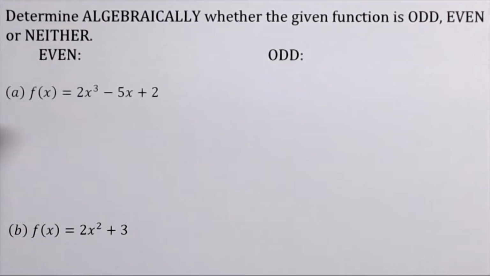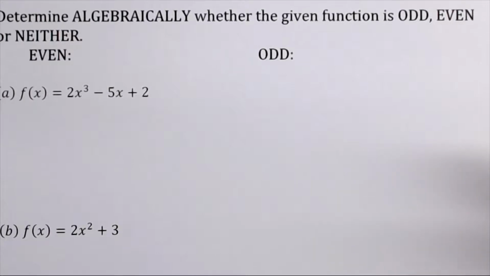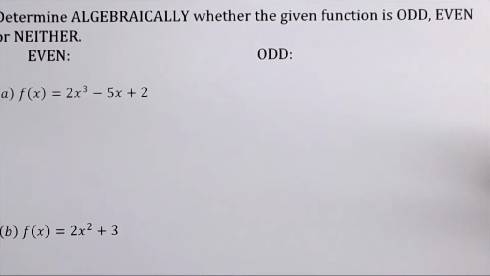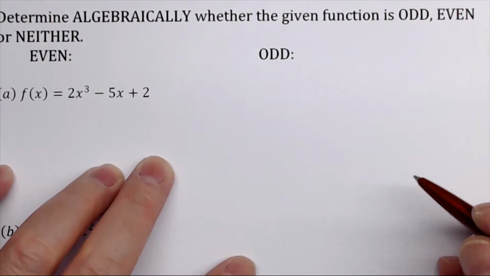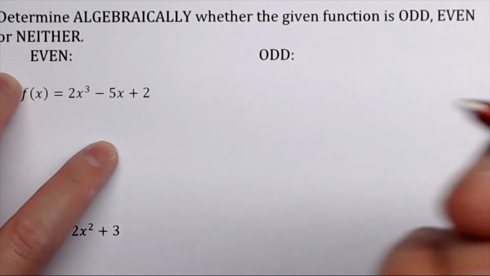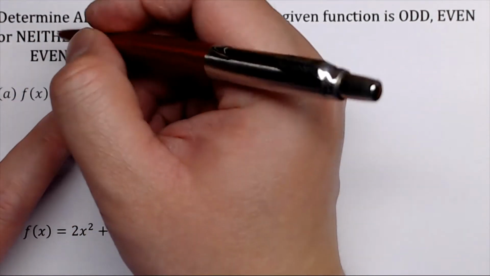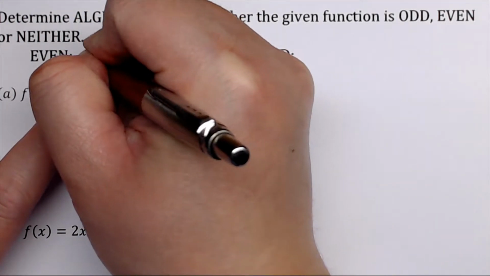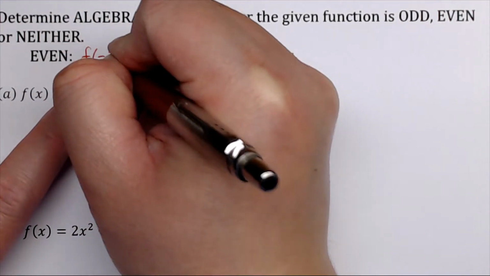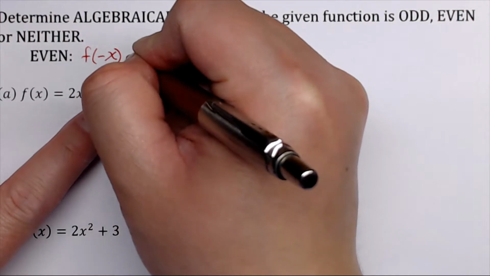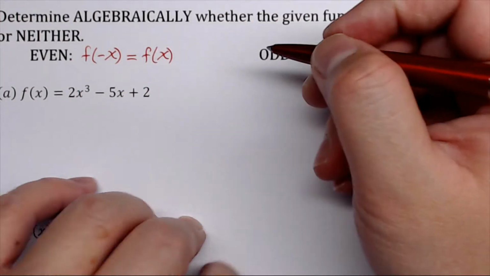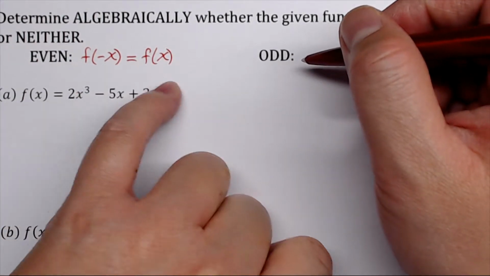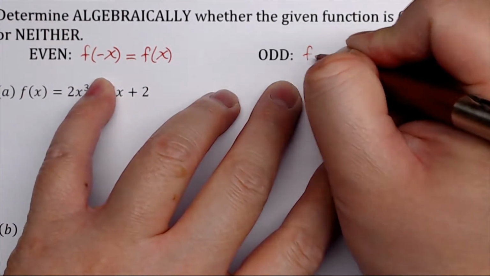On this problem, we will determine if a function is even, odd, or neither using the definition, meaning algebraically. By definition, an even function is where we substitute negative x into x and we get back the original function. The opposite is an odd function.